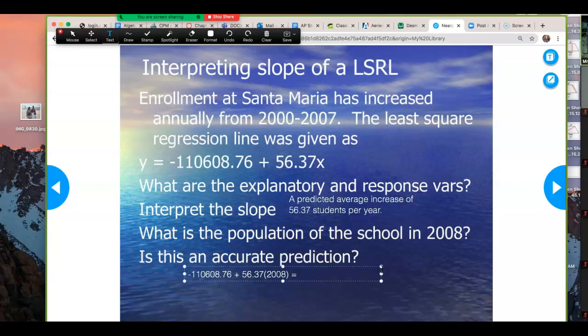I'll just punch that number into my calculator just as you see it. Negative 110,608 plus 56.37 times 2008 gives 2582.